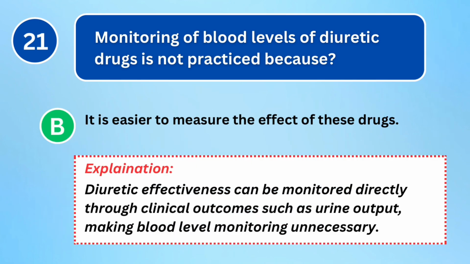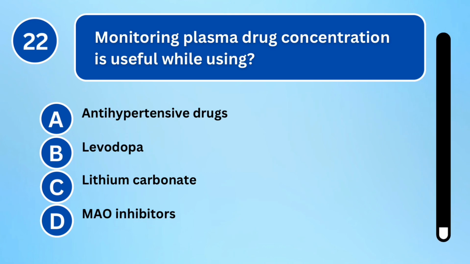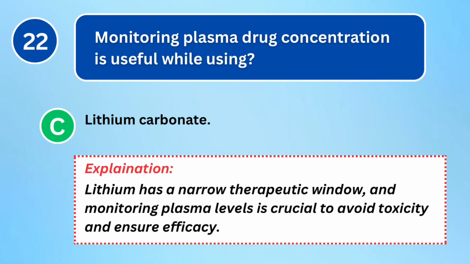Correct answer, B. It is easier to measure the effect of these drugs. Monitoring plasma drug concentration is useful while using A. Antihypertensive drugs, B. Levodopa, C. Lithium carbonate, D. MAO inhibitors. Correct answer, C. Lithium carbonate.